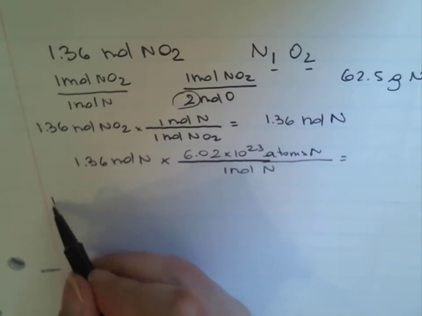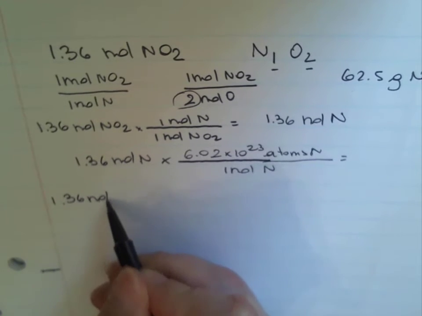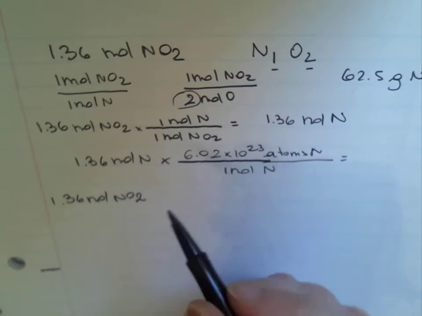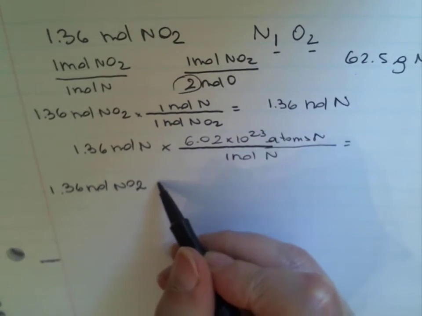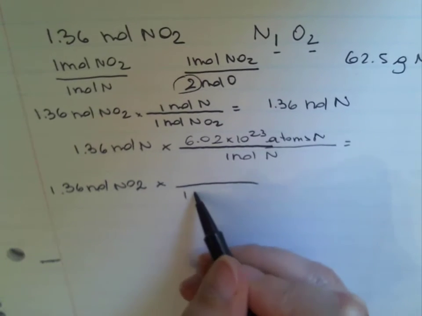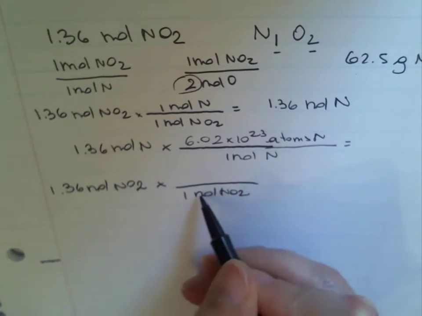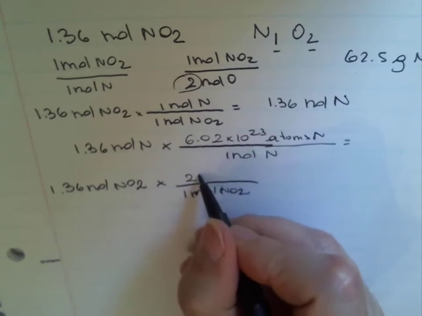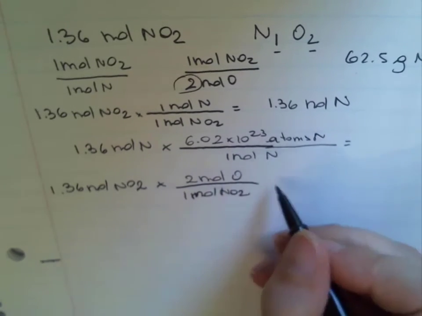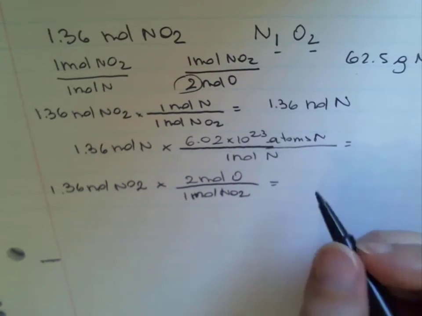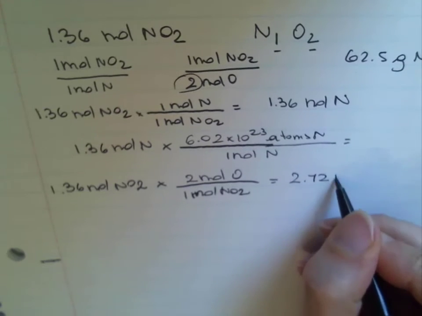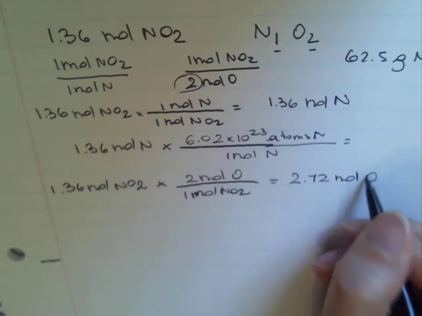So 1.36 moles of NO2 will contain, in 1 mole of NO2 we have 2 moles of oxygen, which will give us 2.72 moles of oxygen.